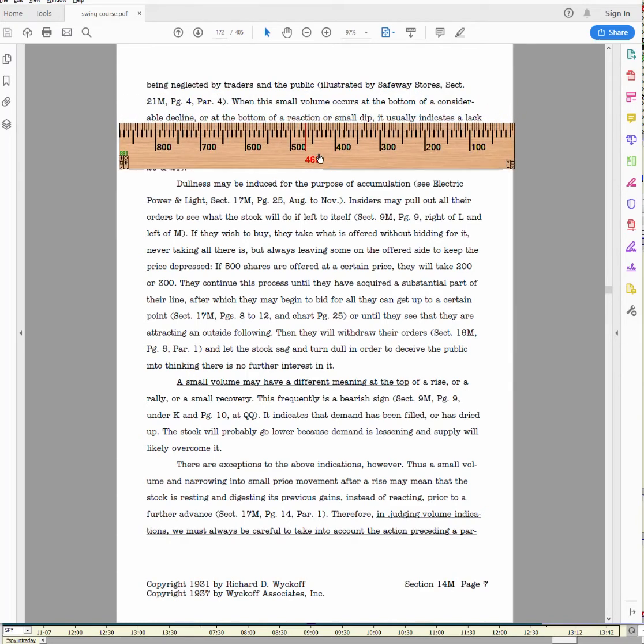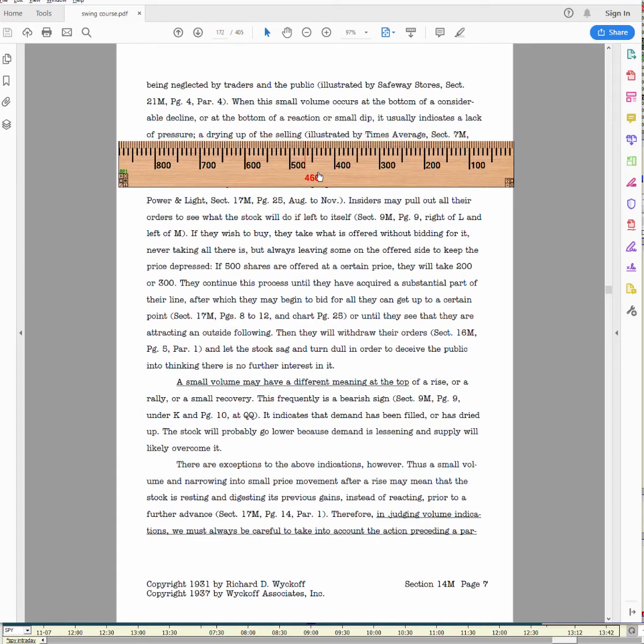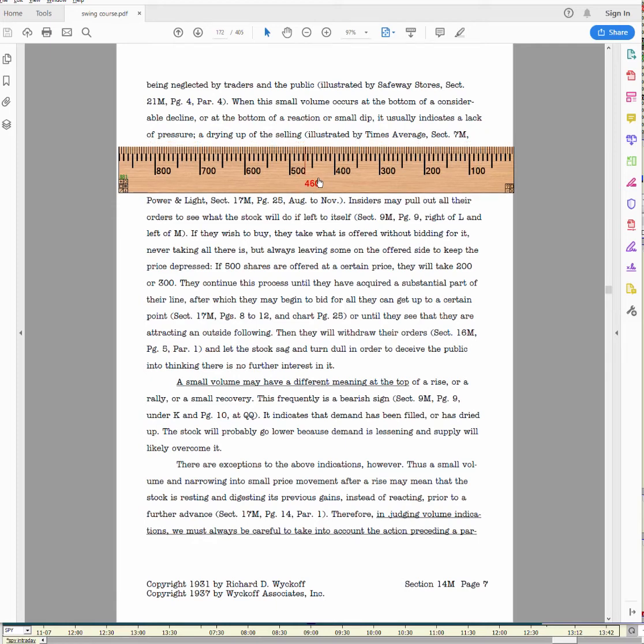When this small volume occurs at the bottom of a considerable decline or at the top of a reaction or a dip, it usually indicates a lack of pressure. A lack of pressure at the bottom, on the pullback, a drying up of selling.